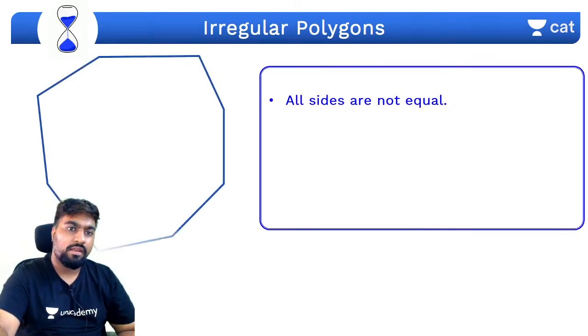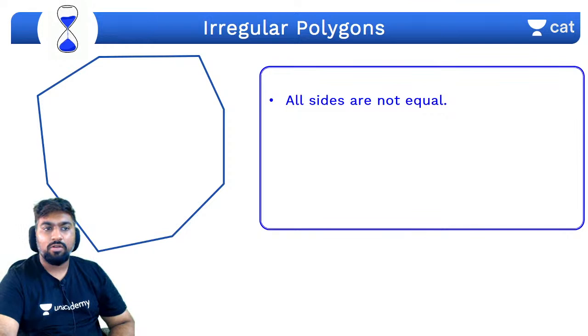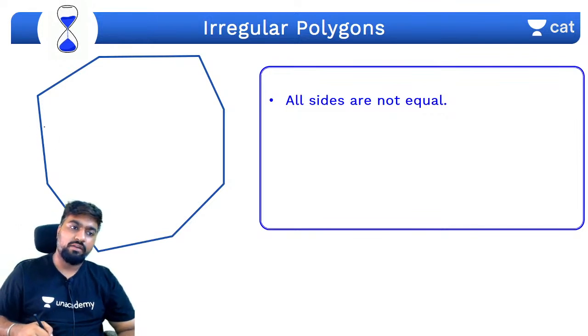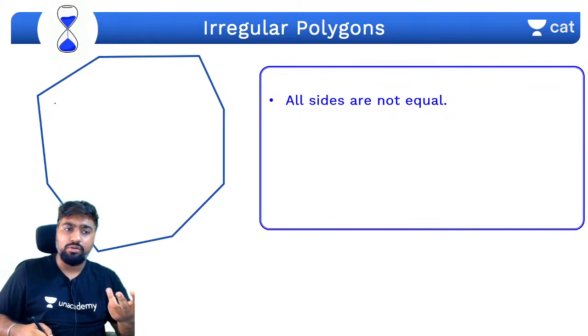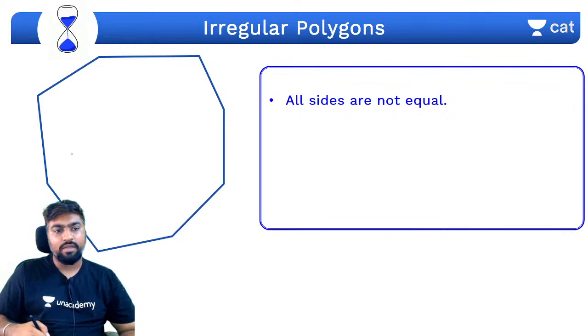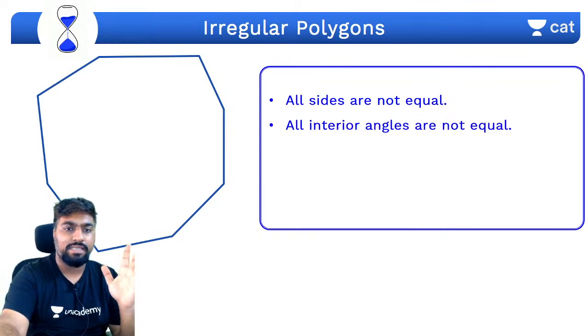In an irregular polygon, all sides are not equal. Each of these sides could be different from each other, or 2 could be the same, 3 could be the same, n-1 could be the same, but not all will be equal. These could be the same or different, but at least one will not be the same.